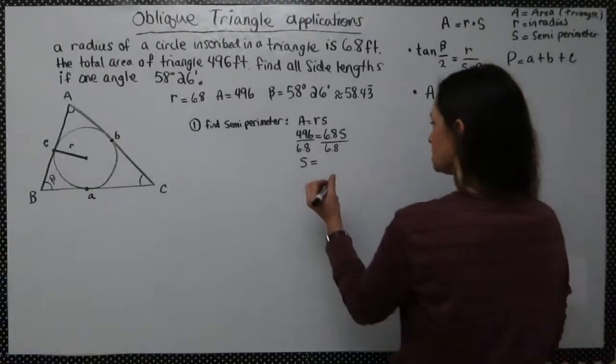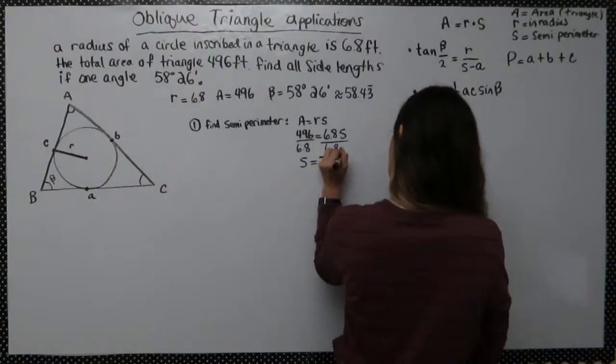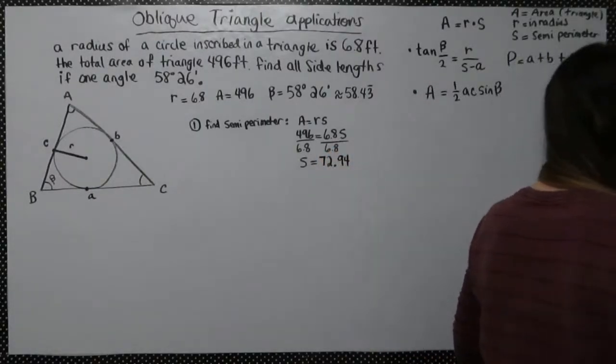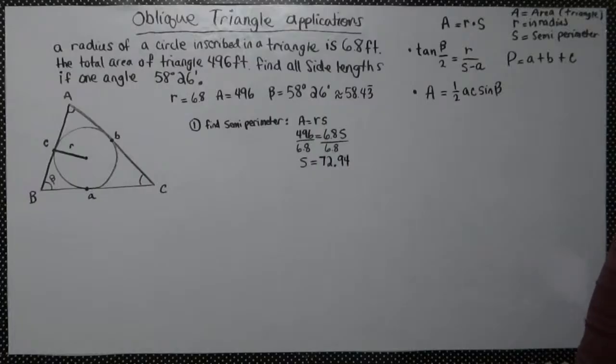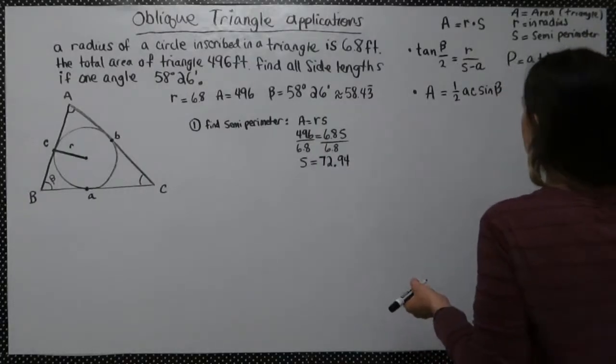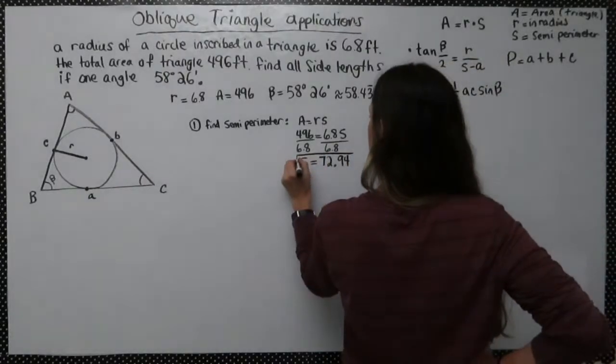And I'm getting 72.94. And I guess we'll just leave it in the hundredths for now. All right. So I need to start boxing these values because I need them. So I'll just box this one.